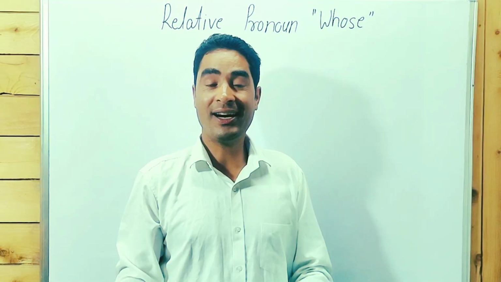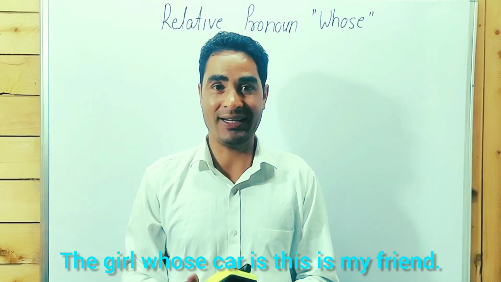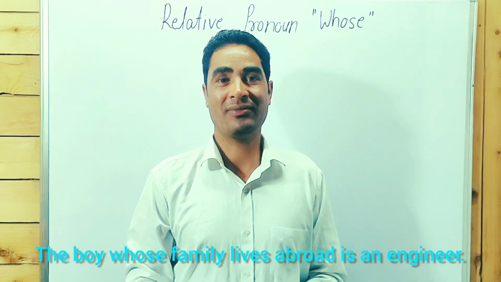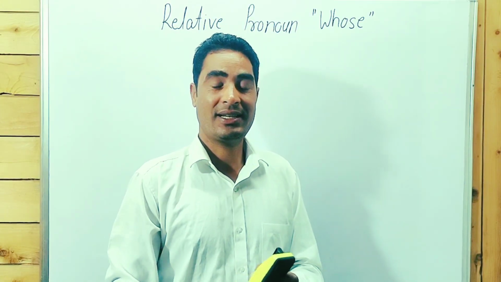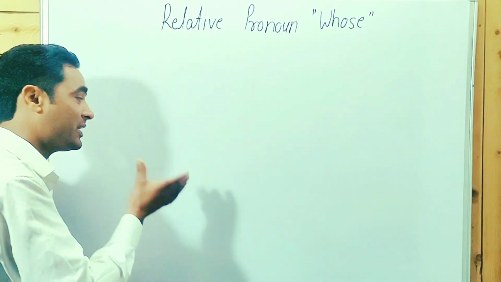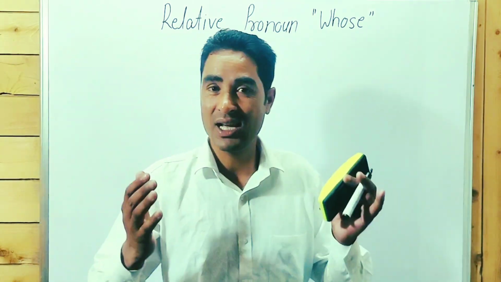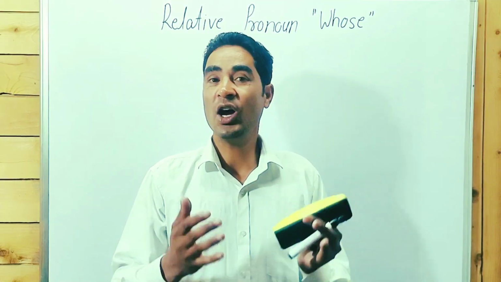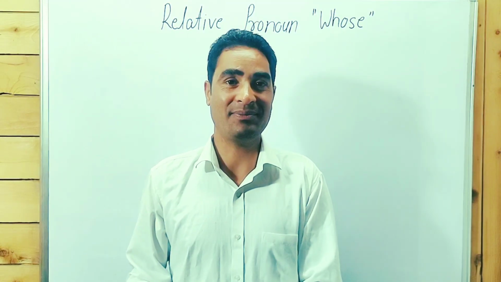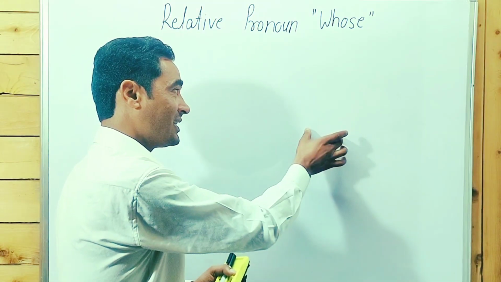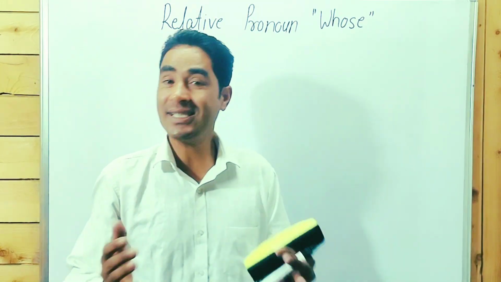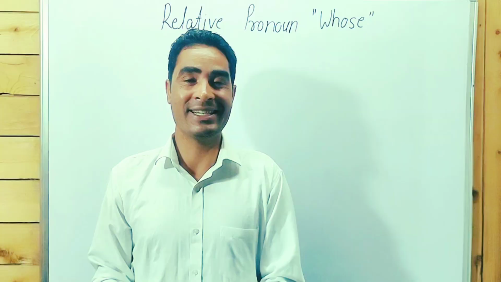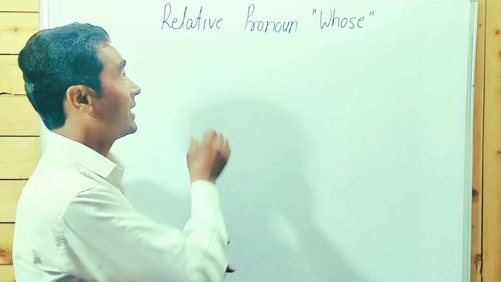Like, the girl whose car this is is my friend. The boy whose family lives abroad is an engineer. We will learn each and everything with the help of examples. I will write some examples, and with their help we learn the uses of whose to show the possessive case. Here, the girl whose car this is is my friend. The boy whose family lives abroad is an engineer. To show possession we use the relative pronoun whose.